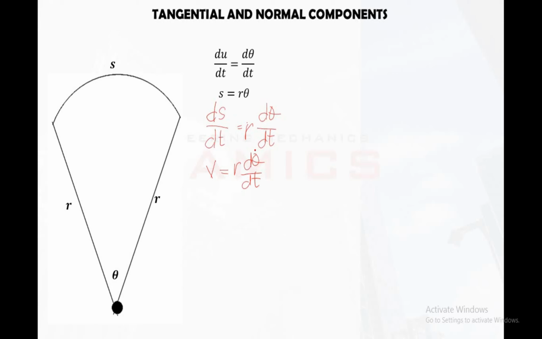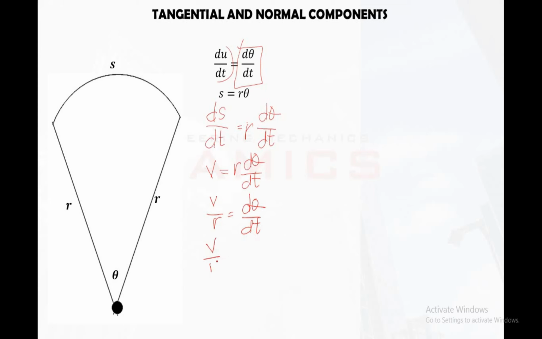And, kung ang gusto ko lang dito ay ito. So, iiwan ko ngayon dito yung d theta over dt, that is v over r, that is equal to d theta over dt. Sabi ko kanina, yung d theta over dt, that is equal to du over dt.